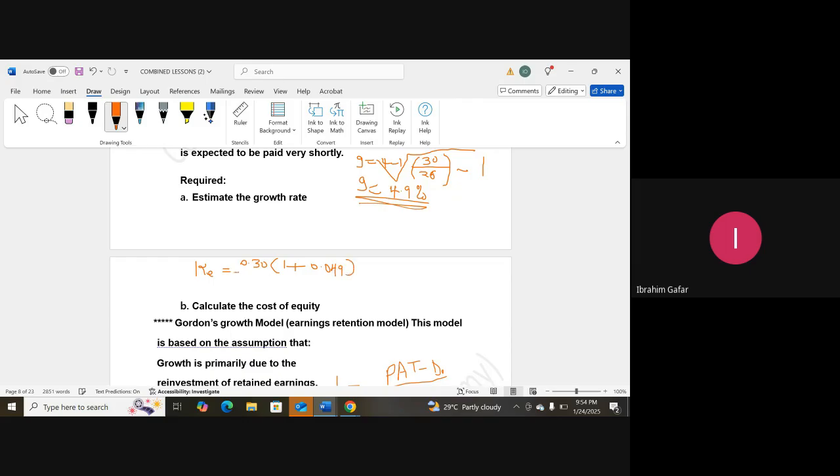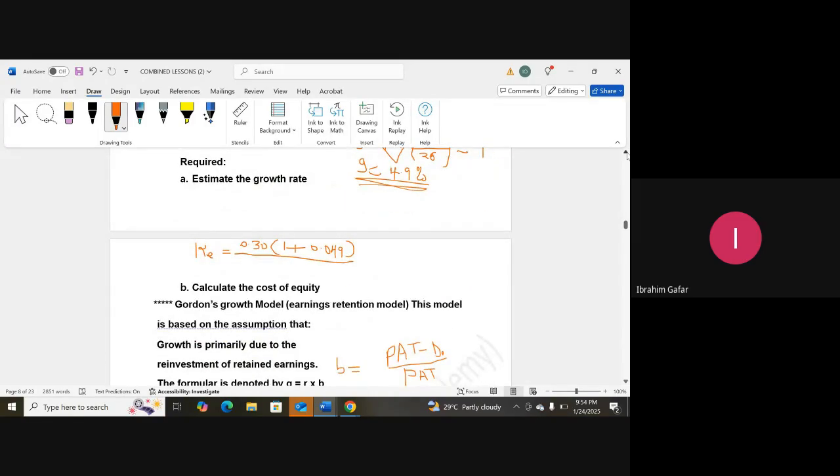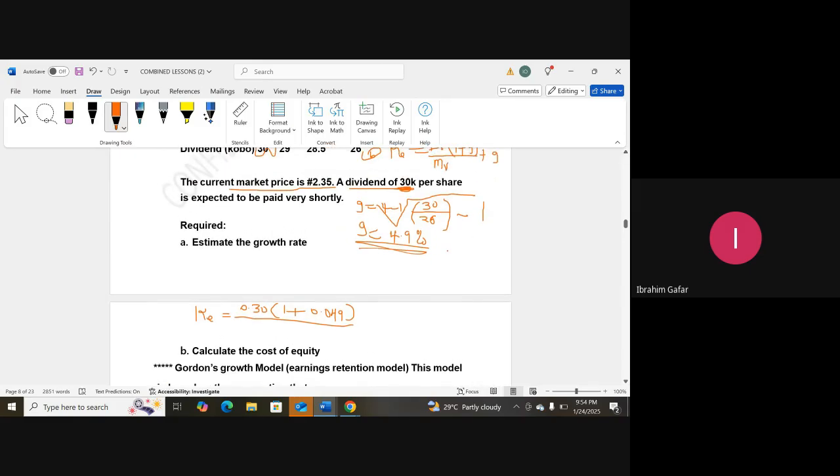Close it. All over, what's the market value? The market value is 2.36. We have to convert it to XDIV, 2.35.